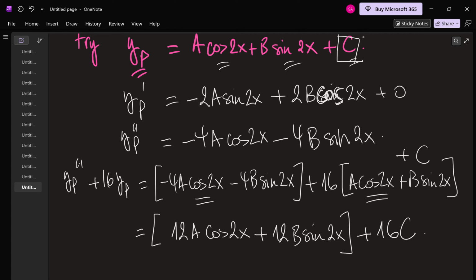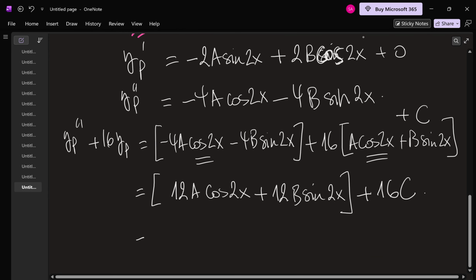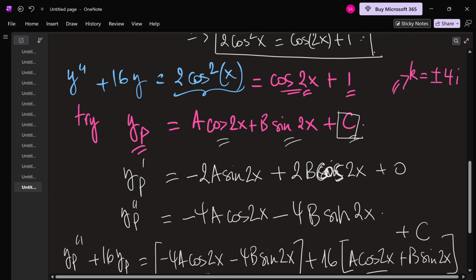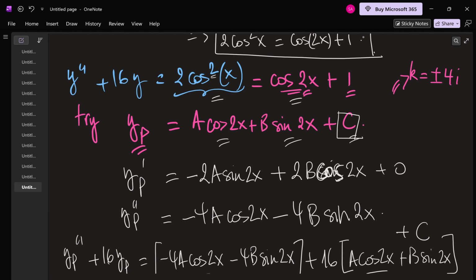Now this should satisfy this part: 2 cos squared x, which is equal to cos 2x plus 1.